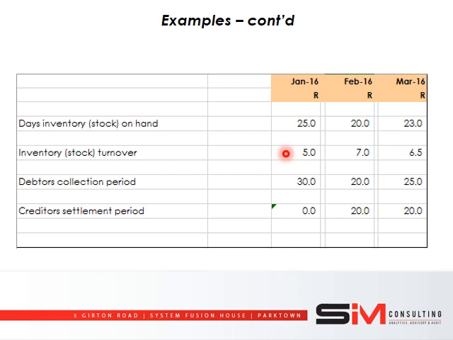The second one is the inventory stock turnover. What it means is for January, stock turns over 5 times.